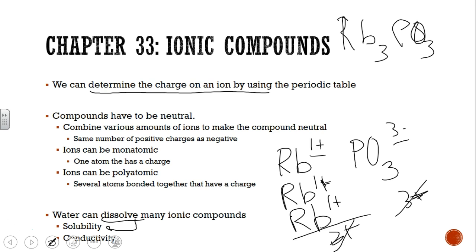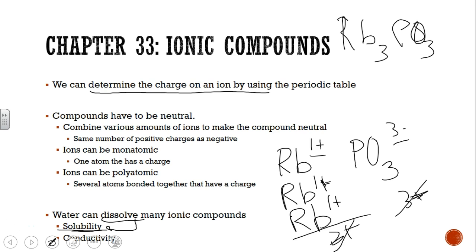Some will dissolve very quickly. Some will dissolve slowly. Some won't dissolve at all. Some will only dissolve a little bit. But for the purposes of this class, if it's soluble, it's soluble. If it's not, it's not. We're not going to have varying degrees of solubility.